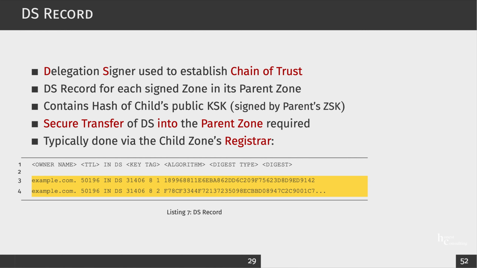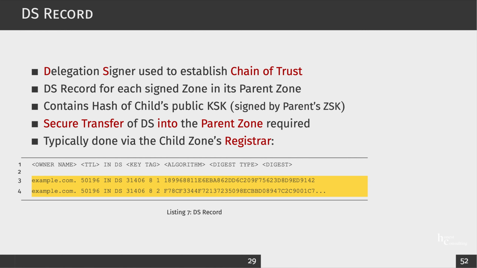At the bottom, we can see the delegation signer. So this is the part of the key signing key that needs to be stored in the parent zone. And here we see what is the actual owner. So in that case, it's the second level domain.